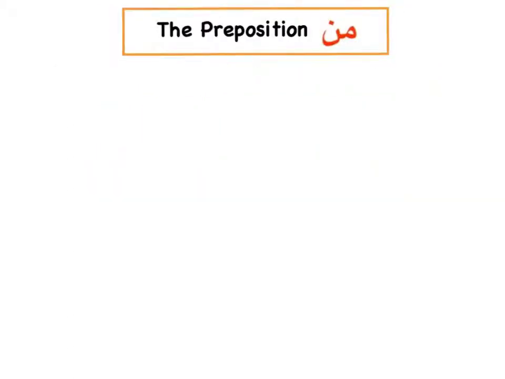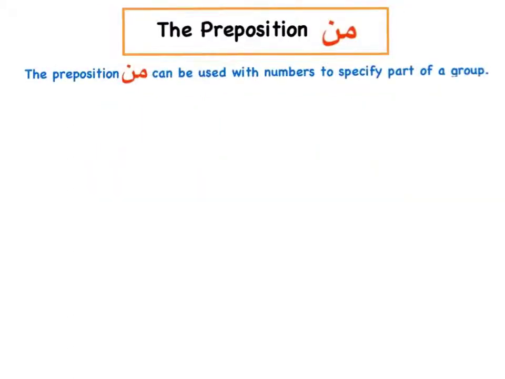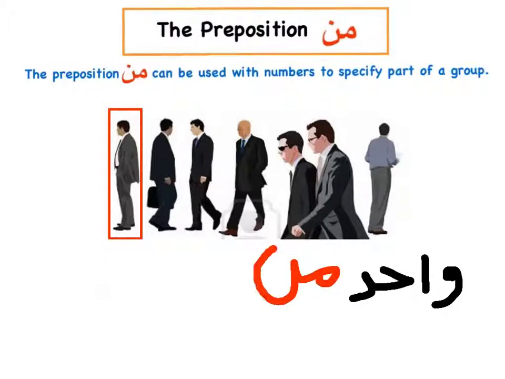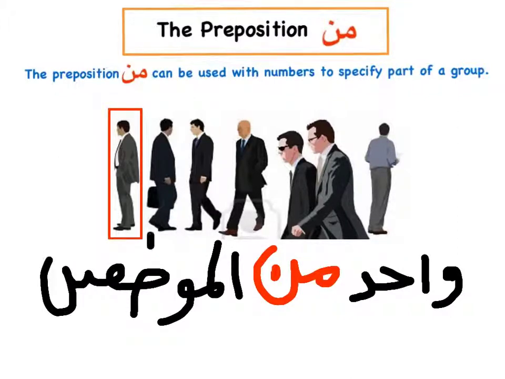And now let's look at the preposition min. The preposition min can be used with numbers to specify part of a group. It's kind of out of something. If I want to talk about this gentleman, I can say هو واحد من الموظفين في الشركة, for example, in the company.